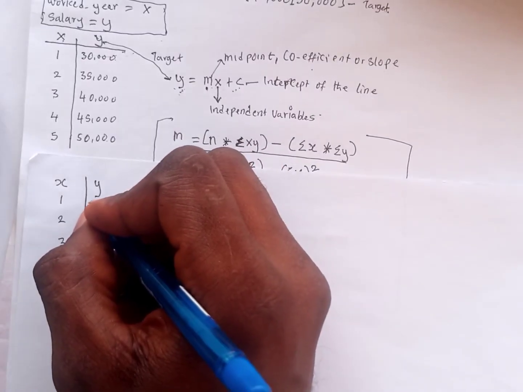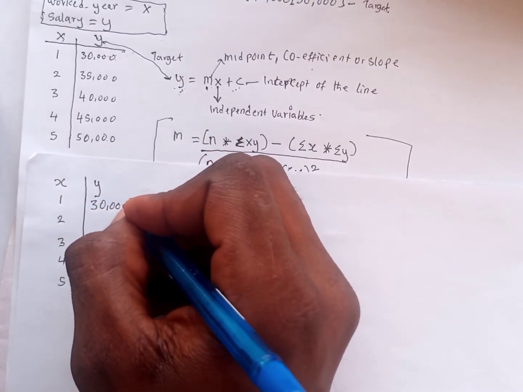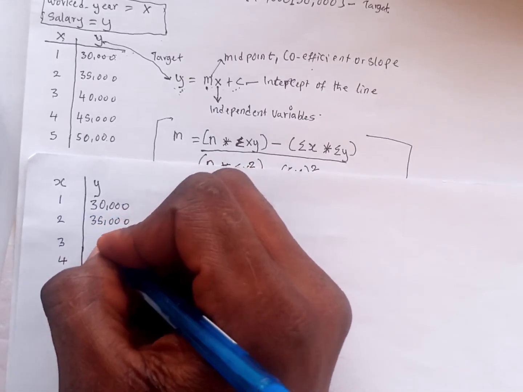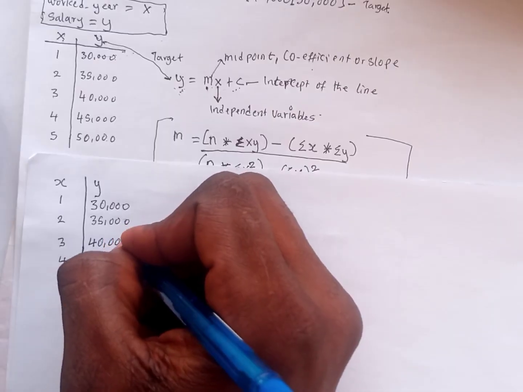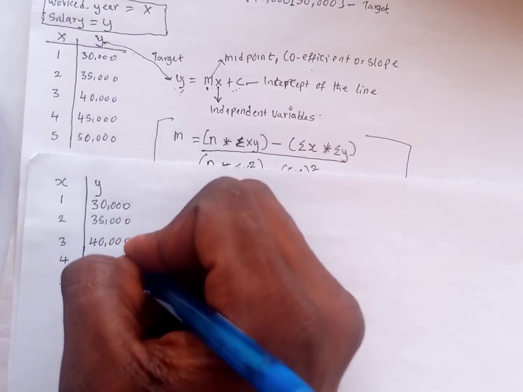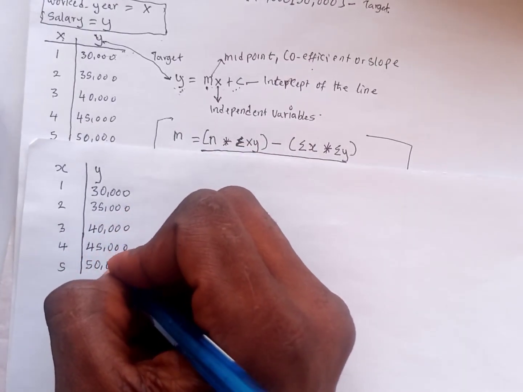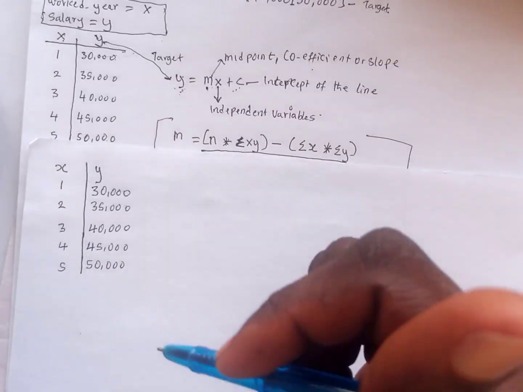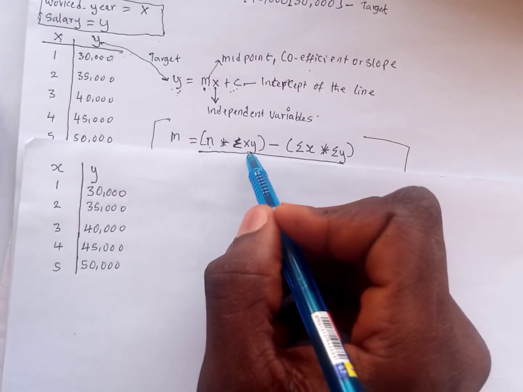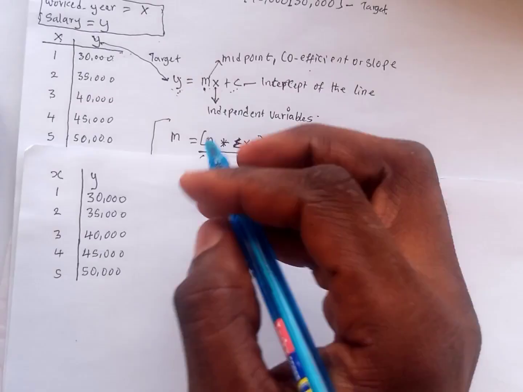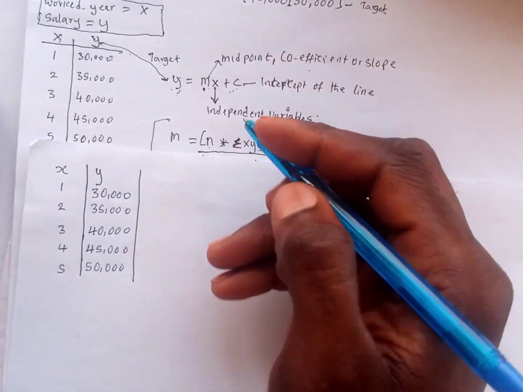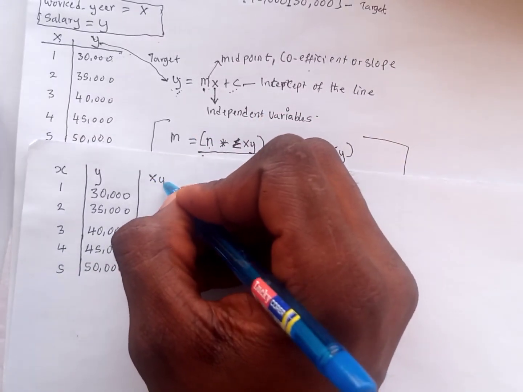I have the value of y to be 30,000, the second one 35,000, the third one 40,000, the fourth one 45,000, and the fifth one 50,000. These parameters were actually given. The first step, since we know our n, is to find the summation of xy. Before you can find the summation of xy, you need to first compute xy for each row. So it's going to be x, y.